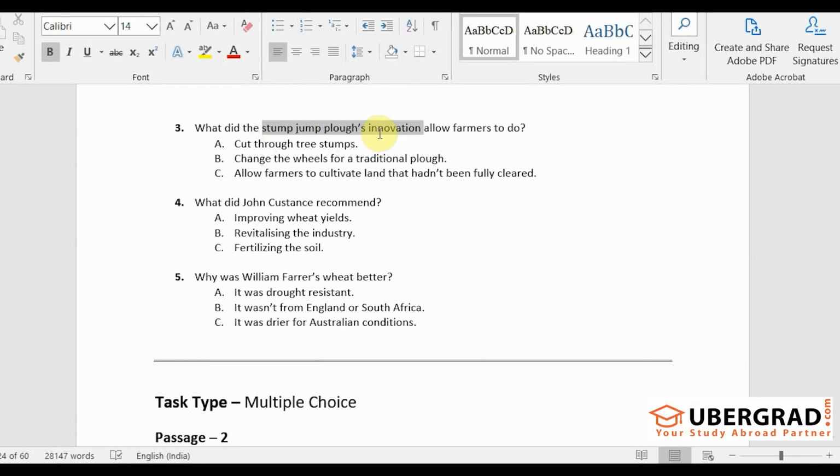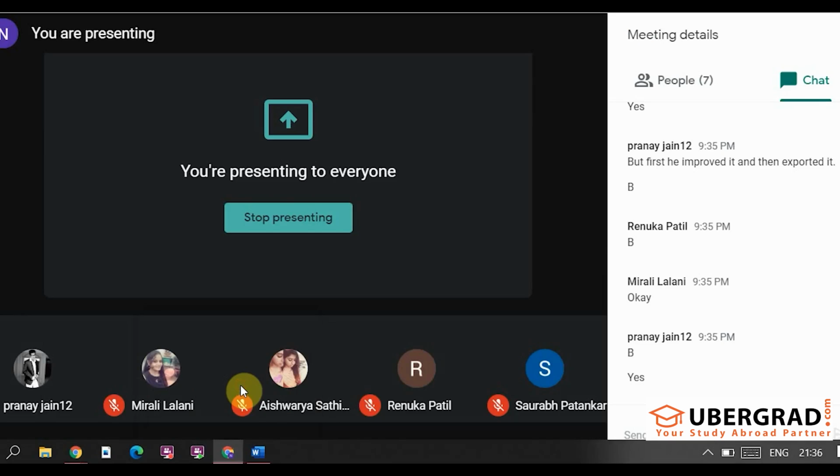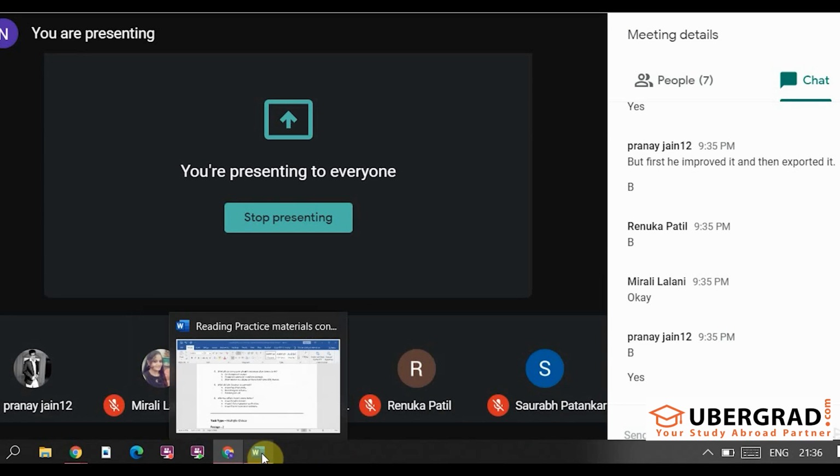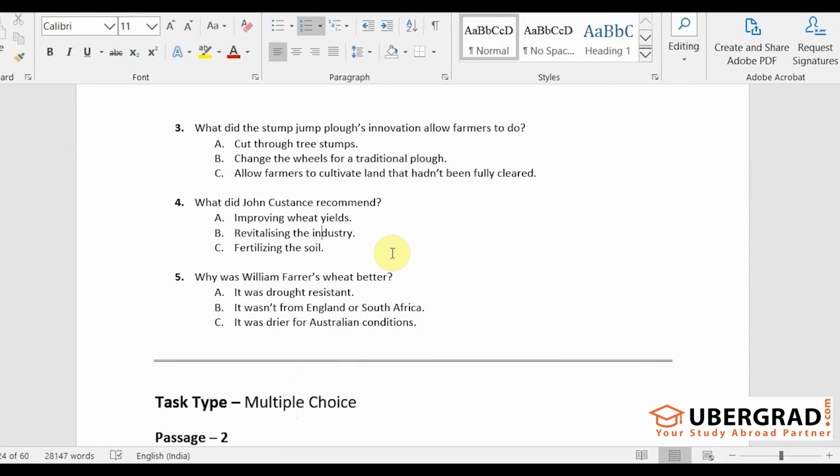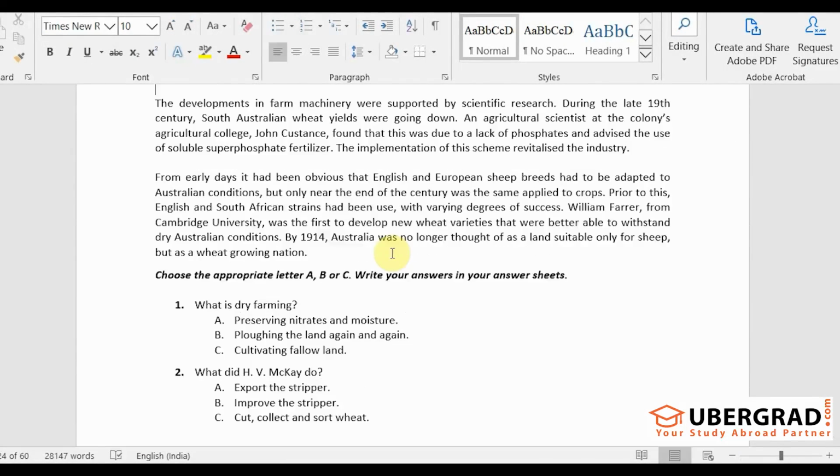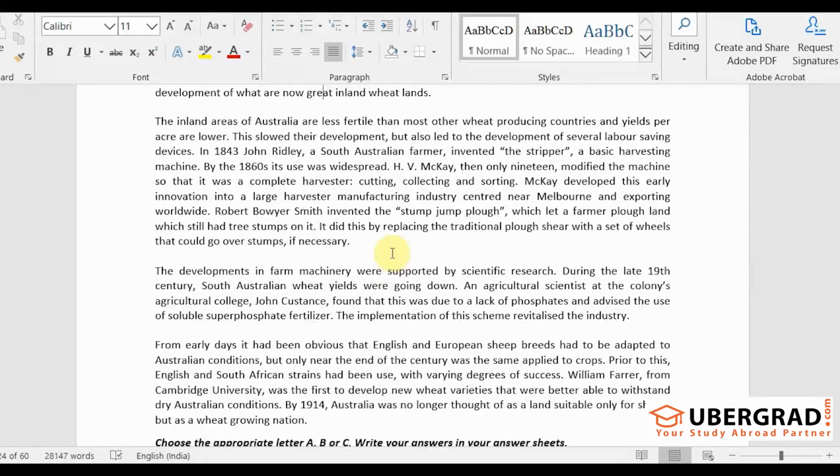what did the stump jump plow's innovation allow farmers to do? Okay. What is the keyword? Stump jump plow. So what did it allow the farmers to do? Let's search. So here is stump jump plow, right?